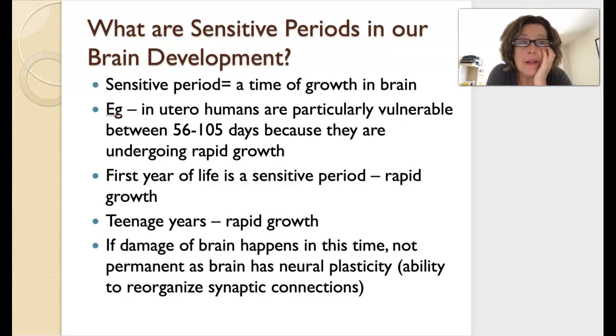Later in life, if you're 40, 50, 70, the body doesn't have the capability to recover like it did in these particular periods. And so that's why if there is some kind of accident later on in life, it's hard to recover from brain damage.